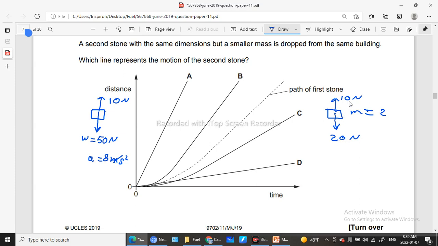So the resultant force here is 20 minus 10, and the acceleration equals 10 over 2 equals 5. So the acceleration of the smaller stone is less than that of the greater one. So the distance covered is less than the first case, and this is the qualified answer.